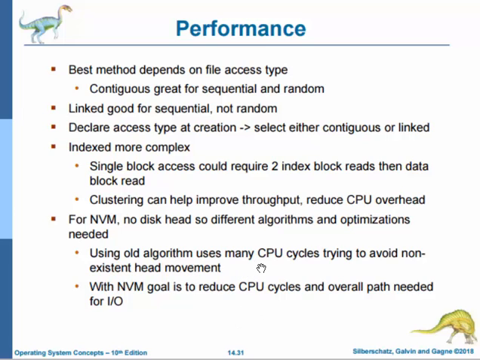Given the disparity between CPU speed and disk speed, it's not unreasonable to add thousands of extra instructions to the operating system to save just a few disk head movements. And furthermore, this disparity is increasing over time to the point where hundreds of thousands of instructions could reasonably be used to optimize head movements.